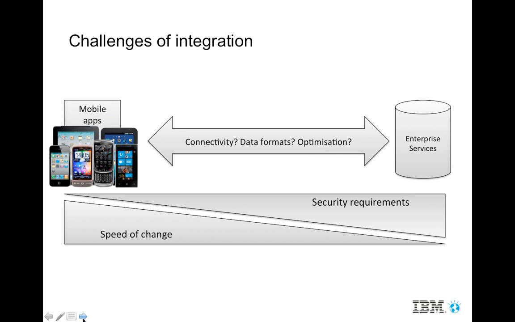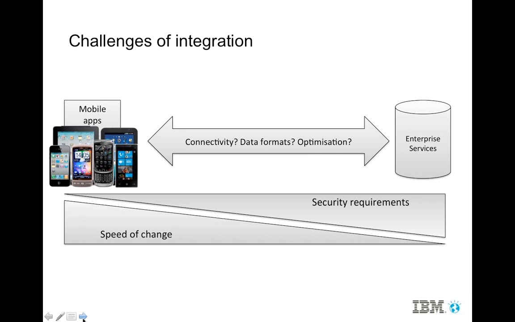The speed of change of those is a lot slower, and we want to have a more rigorous life cycle in terms of updating those and managing those and governance. So we see a kind of mismatch in terms of the speed of change. How can we consume data quickly on the mobile device when the systems at the back end are not changing so quickly?